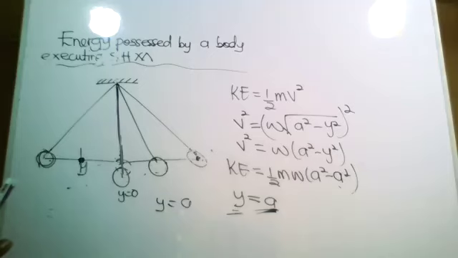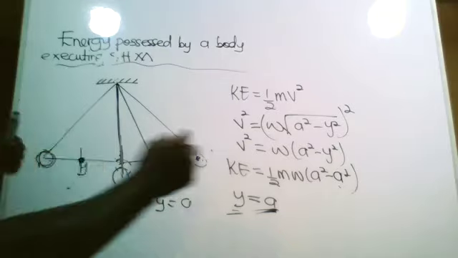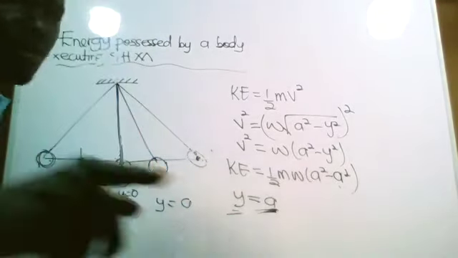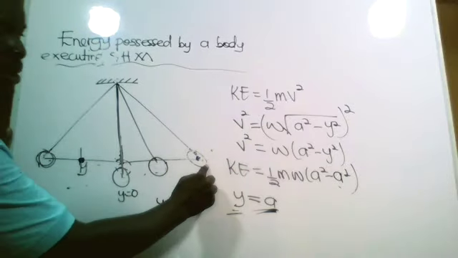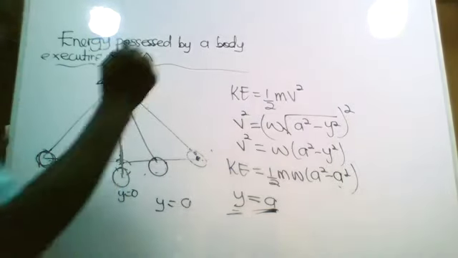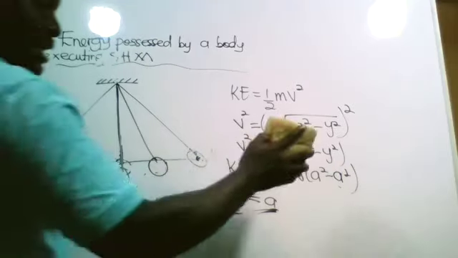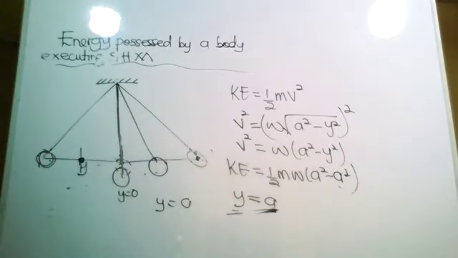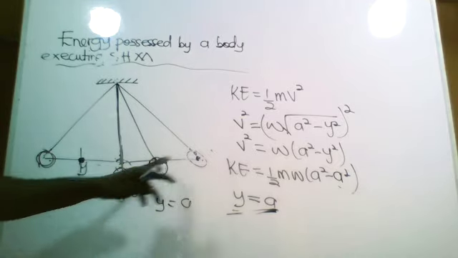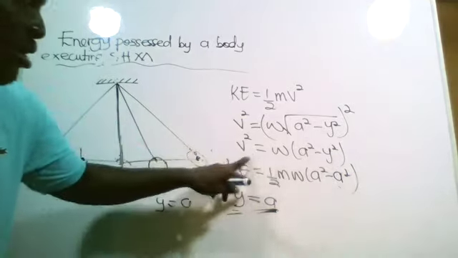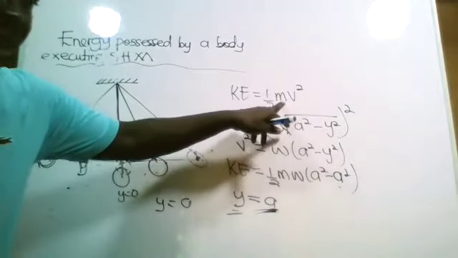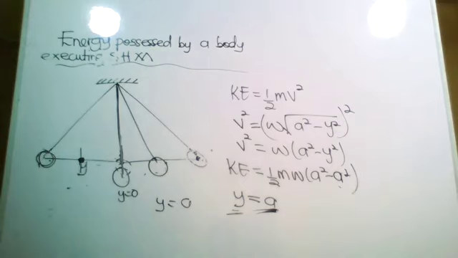It's 0, right? And if this is 0, the whole thing will be 0, confirming the point that at the extreme, kinetic energy is 0. So for an oscillating body, we can determine its kinetic energy based on its displacement using this relation. We can find V and then put it into this equation to find KE.